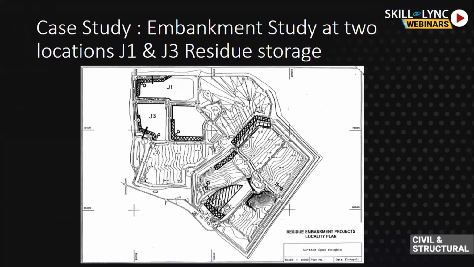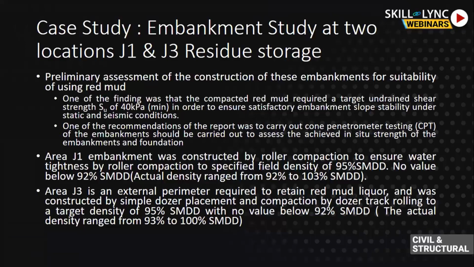One of the earlier findings was that, to be satisfactory, the target undrained shear strength should be 40 kPa minimum. But since we are not talking about shear strength here, I'll restrict myself to soil compaction only. There were other seismic conditions also being studied in this project. This is the basic outline.